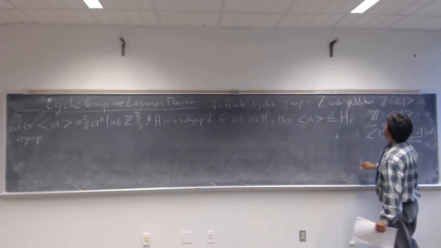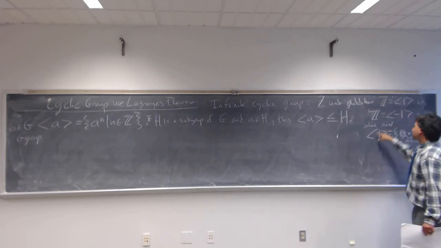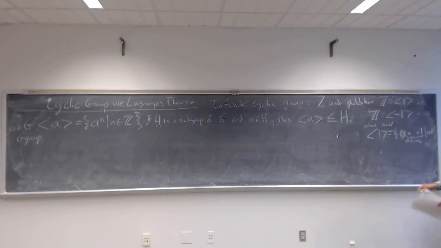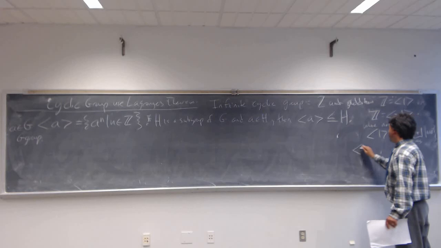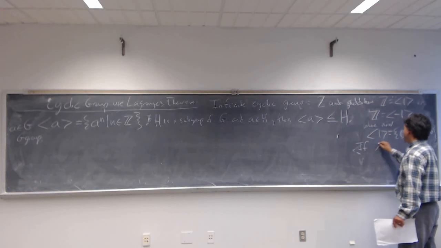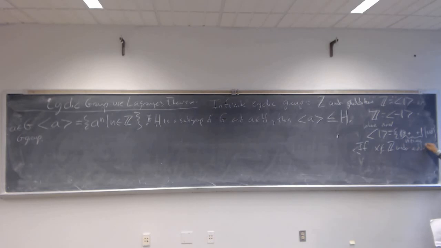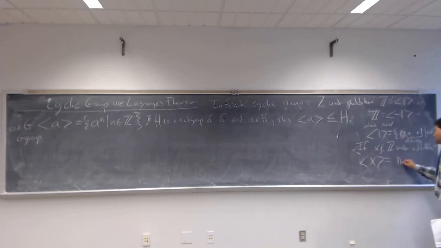So for the integers under addition, we've already seen and proved a little bit about the subgroups, that every subgroup is of this form. If x is an element of Z under addition, then this means multiples of x, positive and negative and 0 times x.